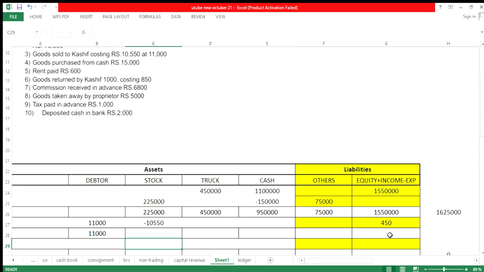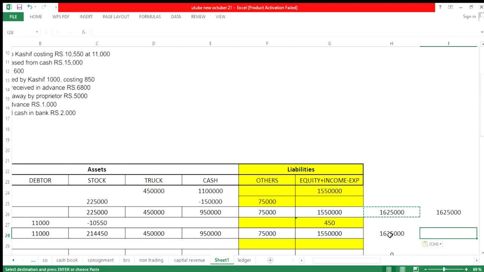Finally, after completing the entry, we are going to take the sum of both sides. So here the sum has been taken and we are going to check over here, taking the sum of both sides.